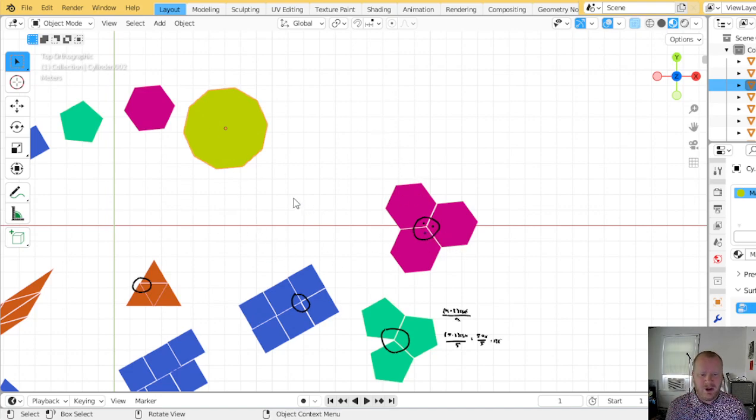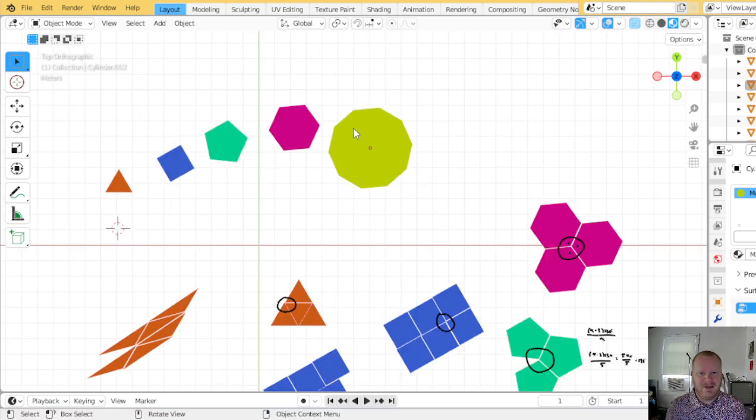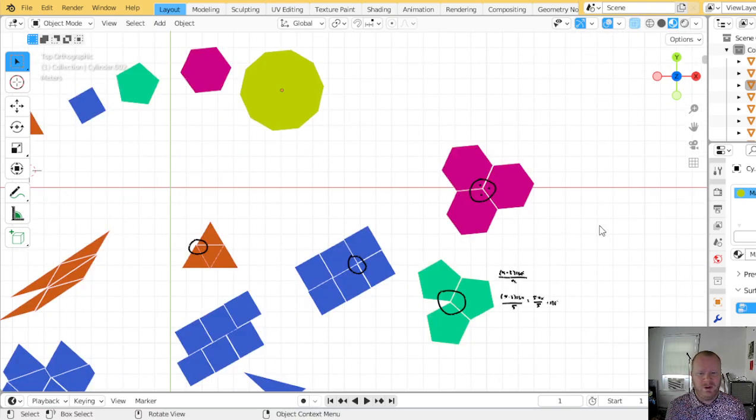And the answer is no. If you look at the interior angles of each of these regular polygons on here, there's going to be no way to line them up to get 360 degrees other than the triangle, quadrilateral, and hexagon.